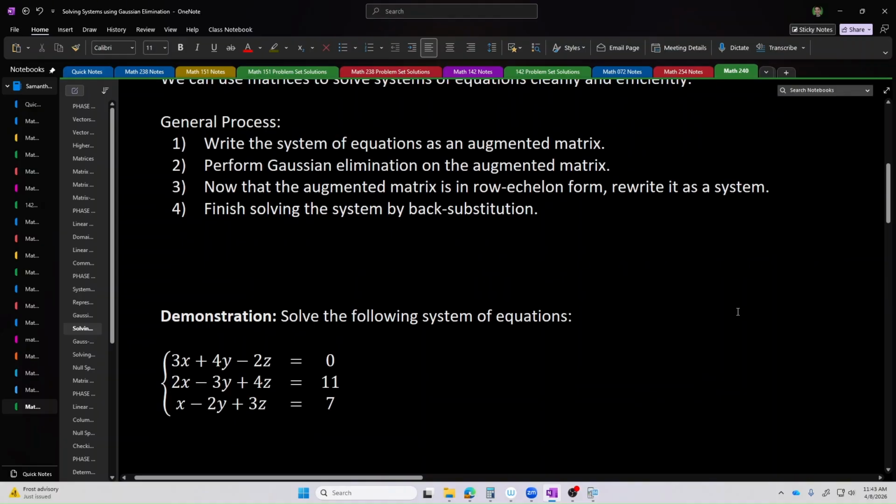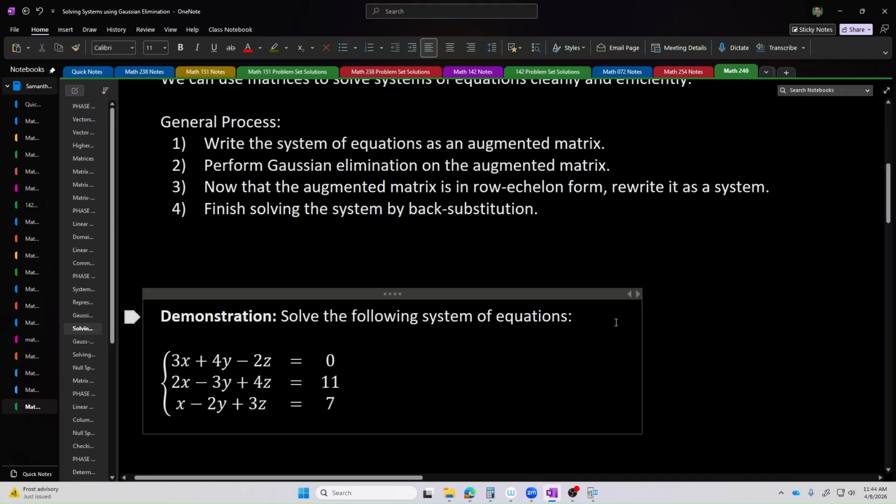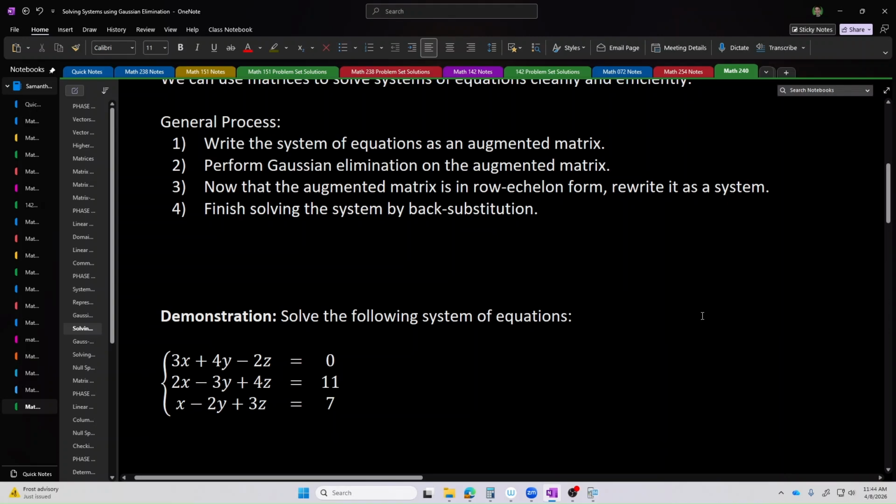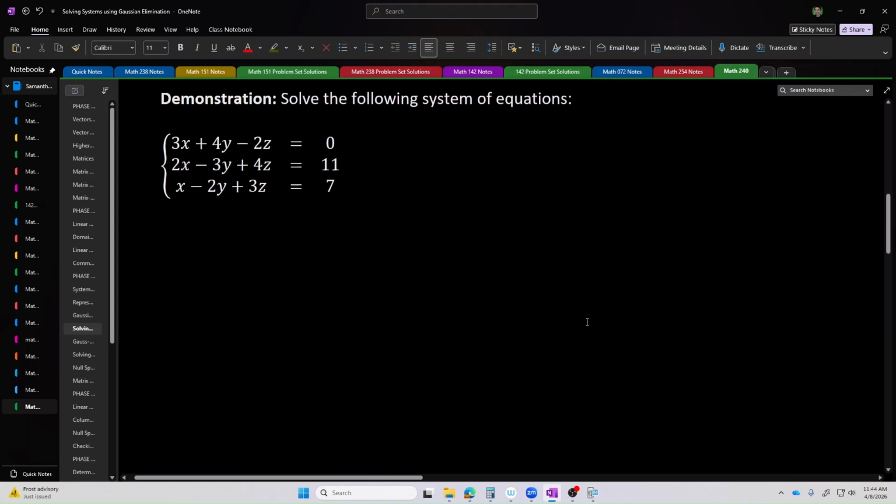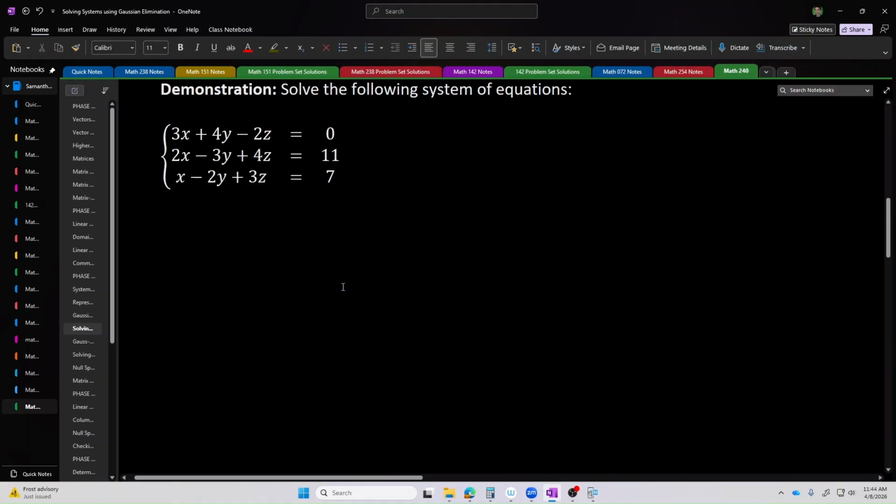Once the matrix is in row echelon form, you write it back again in terms of the original variables in the system. And I'll show you how to do that. And then you finish solving the system using back substitution. So let me demonstrate this four-step overall process in the context of the following system of equations.